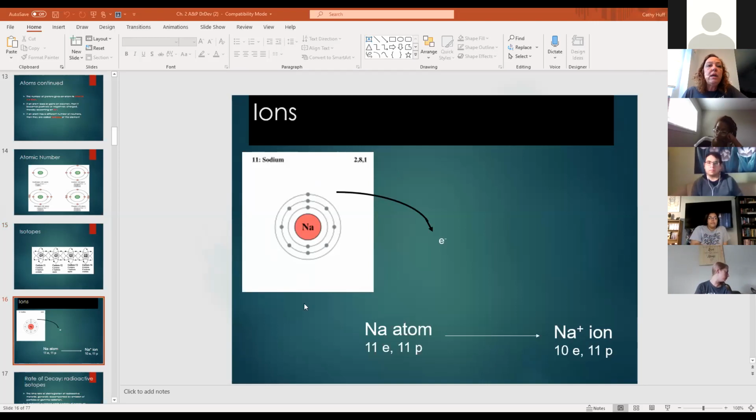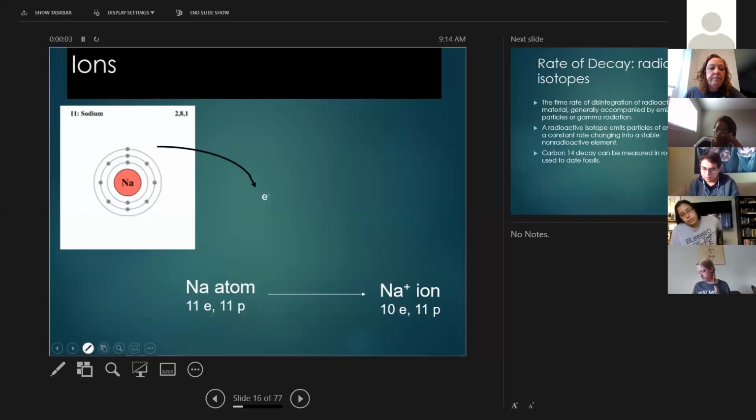Here we have our ion. Here we have sodium. And you can see here in the outermost shell, we've got one little electron. Now, it's way easier for us to get rid of that one than to try and pick up 7.